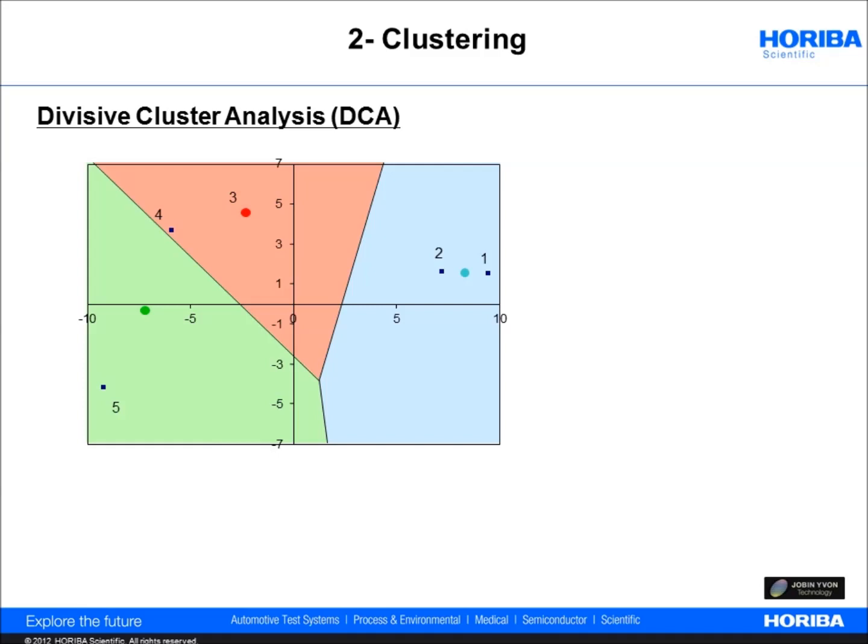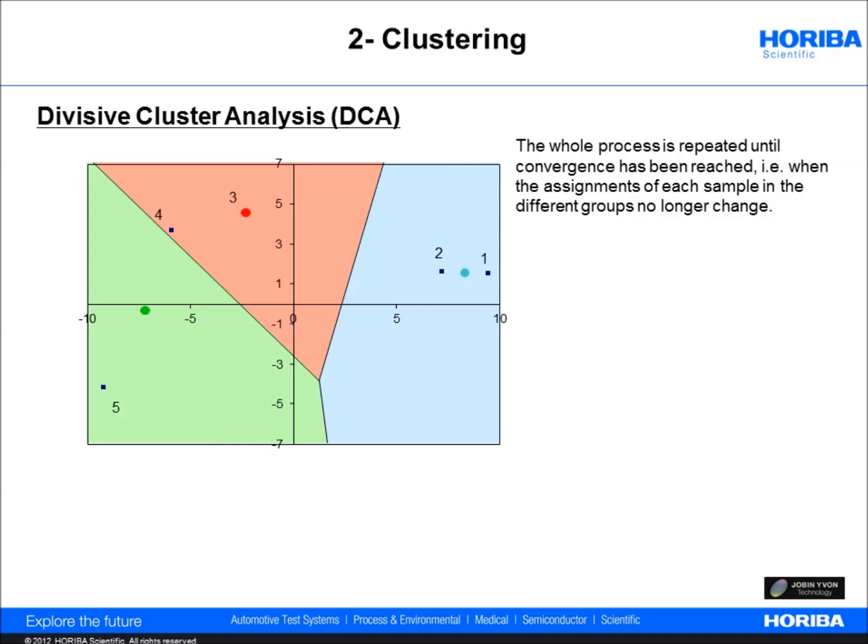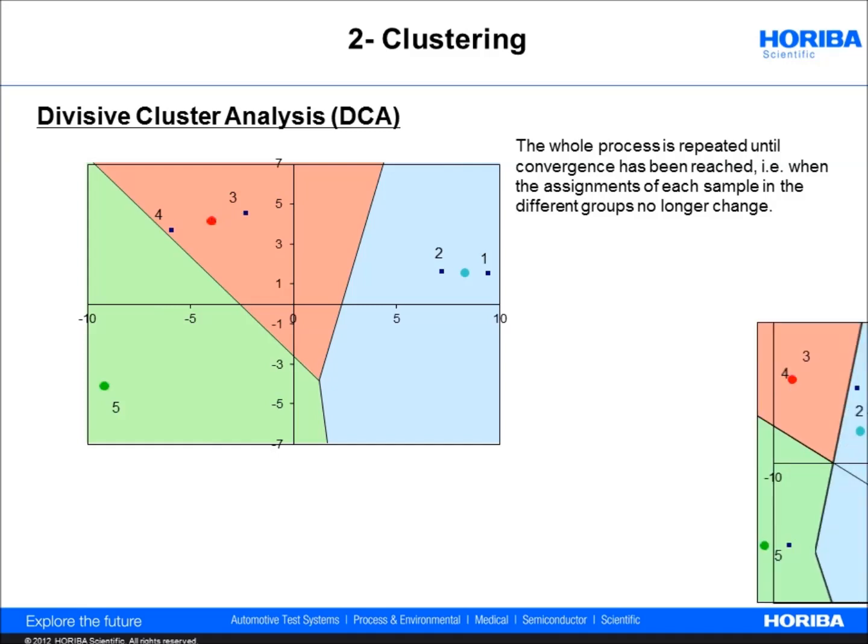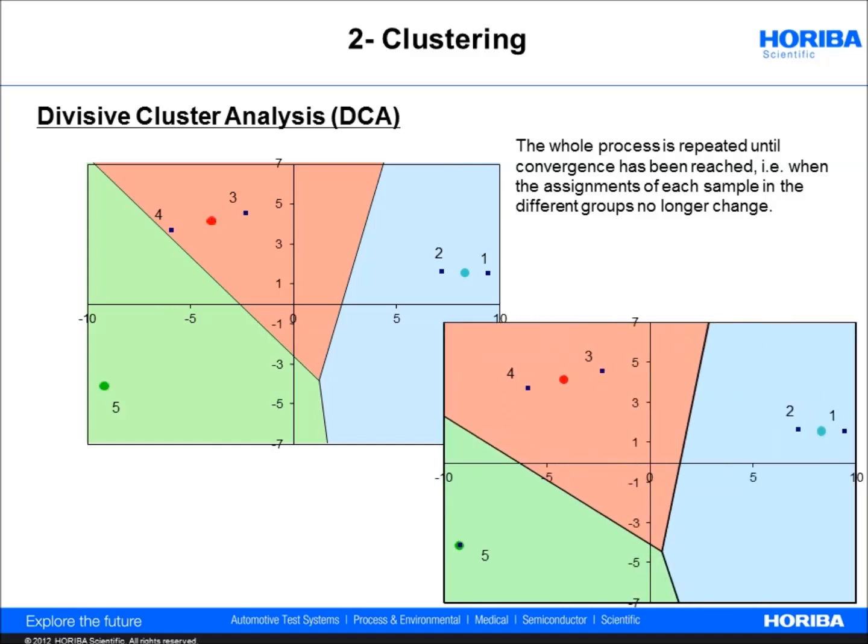Again, the centroids move so as to become the mean of the points included in each region. This whole process of space division is repeated until the assignment of samples in the groups no longer changes.